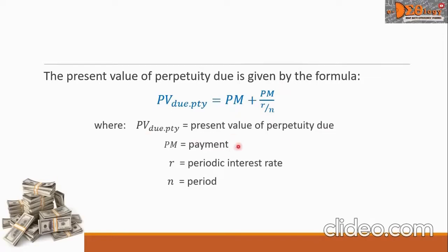PM means payment. R is the periodic interest rate, and the N is the period.